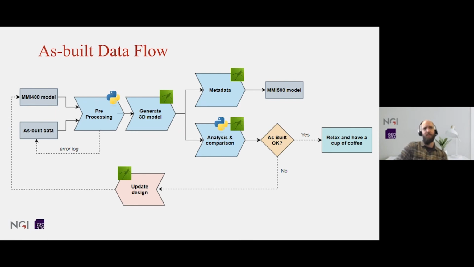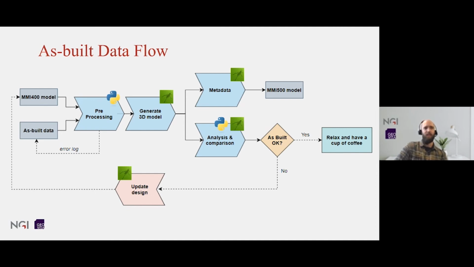So this is a flowchart detailing how we have chosen to manage this data process: how to take as-built data from the ground improvement, from the production, and create the finished IFC model based on the as-built data.